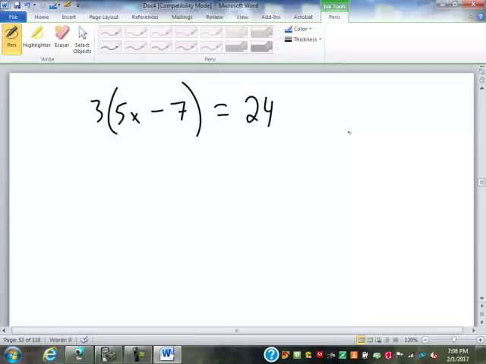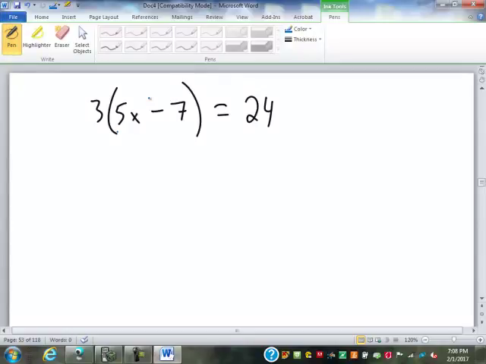Other parentheses are just a separator, which separate a number from the rest. The difference is, in an enclosing symbol, we can do something inside of it. So that's always our first question with parentheses. Is there anything I can do inside the parentheses here? Nope. 5x and negative 7 can't be combined because they have different names. So 5x minus 7 has to stay like that.